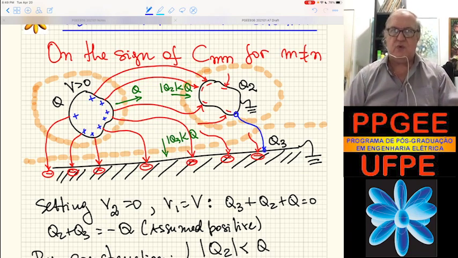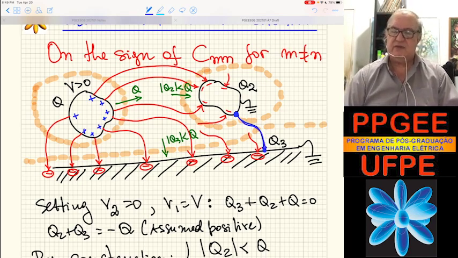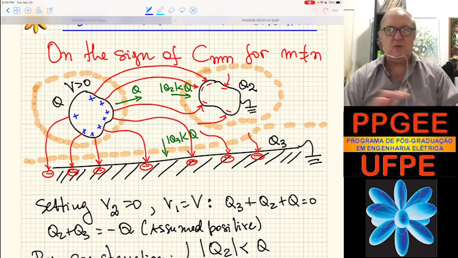If that were true, the line integral between these two points would be not zero. But they are grounded, so the line integral of the E field here equals 0. So there's no way I can have a line coming from a grounded electrode and ending in the other grounded electrode.